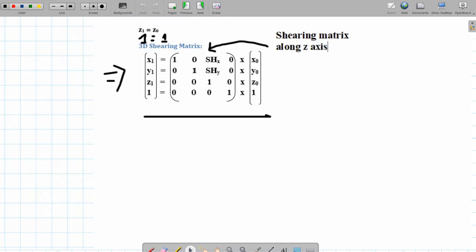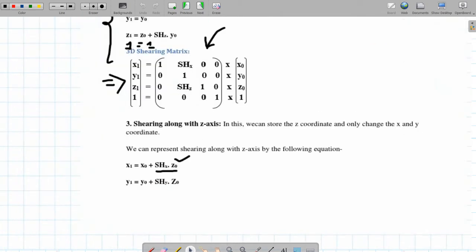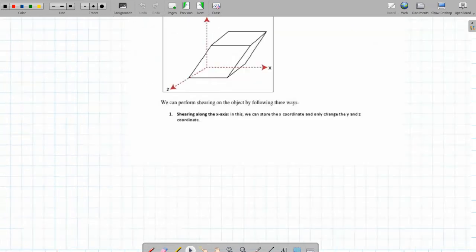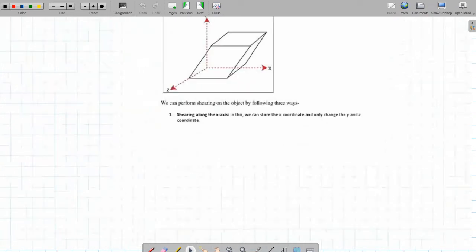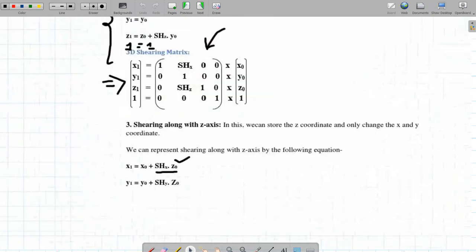So in 3D you can represent shearing transformation using these three matrices. Something is wrong here.